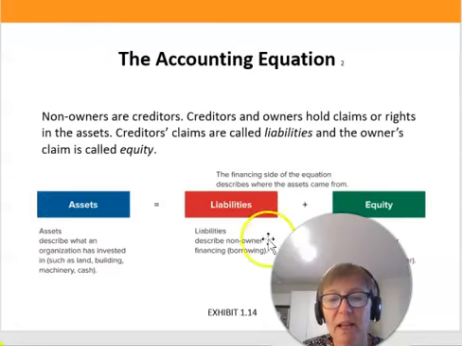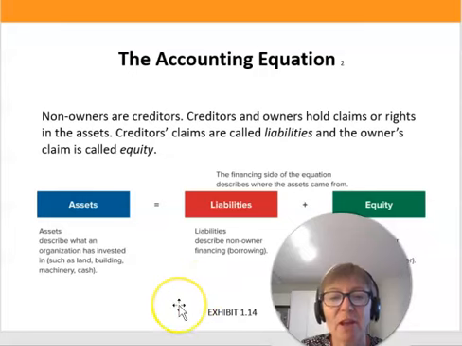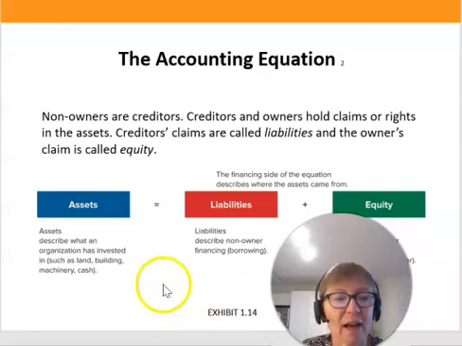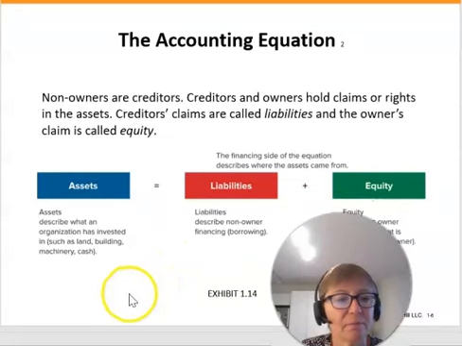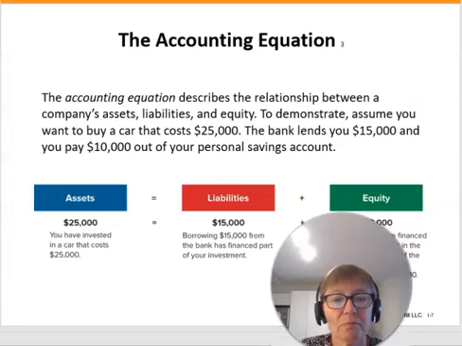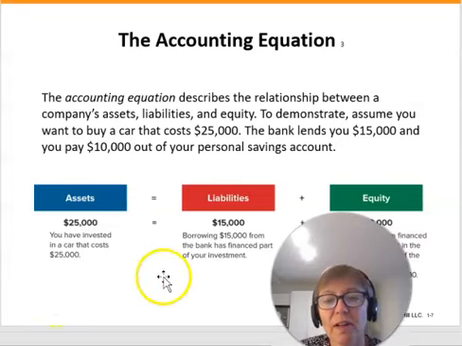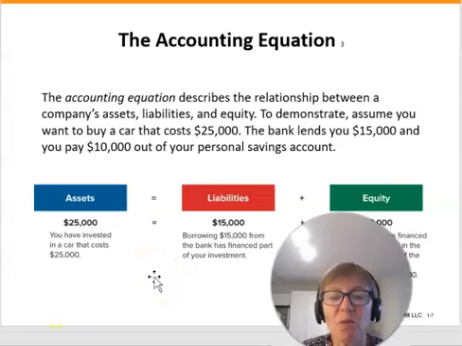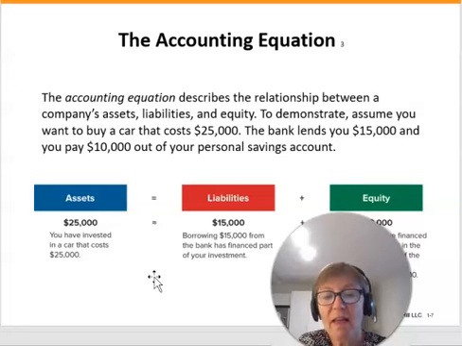So if we come down here, again, the accounting equation is assets equals liabilities plus our equity. So an example here that they're giving is we wanted to buy a car. Okay, so once we buy the car, that asset belongs to us.